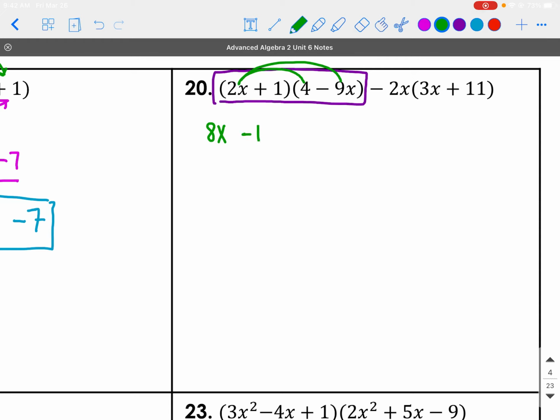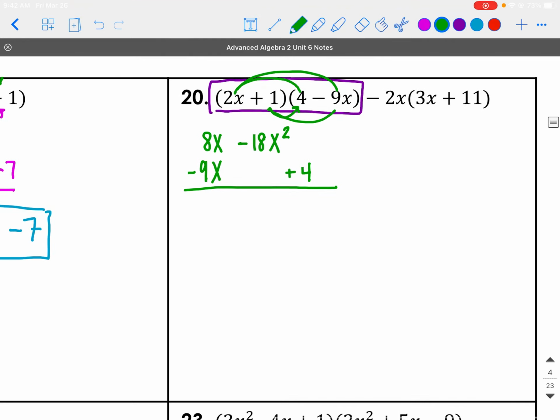Then we have negative 18x squared. Then we have 4. And we have negative 9x. So this makes negative 1x minus 18x squared plus 4.